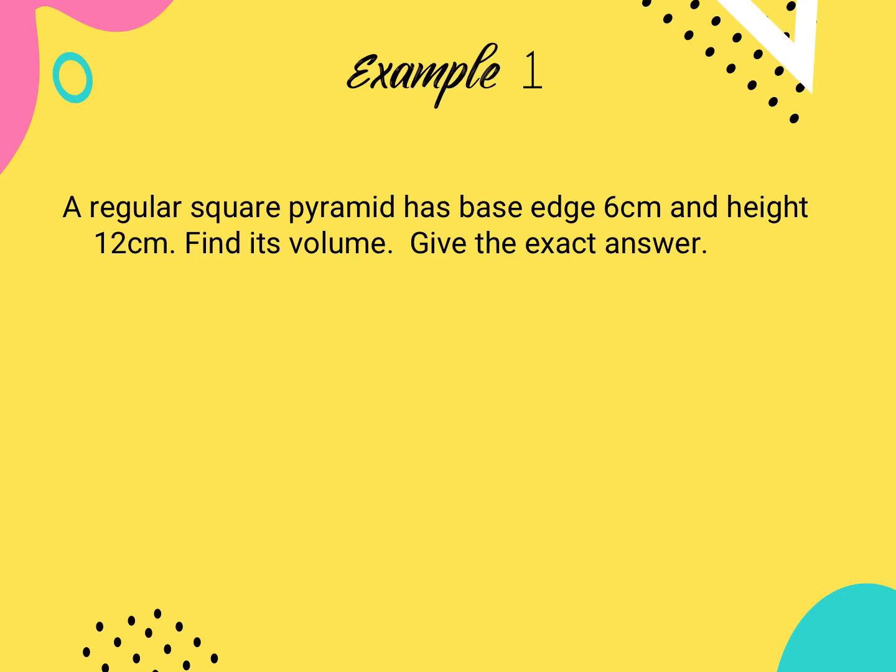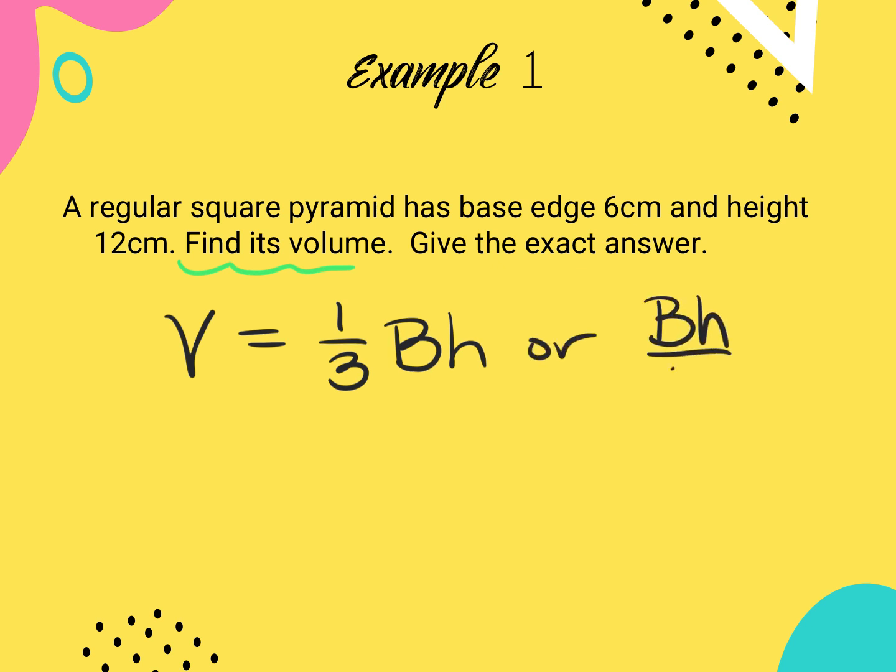Okay, so notice a picture is not provided. So if you want to draw a sketch of a pyramid for yourself so you can label everything, you can, but you don't need to. They want us to find the volume. So I'm going to go ahead, and my volume formula for a pyramid is 1/3 BH, or BH divided by 3.